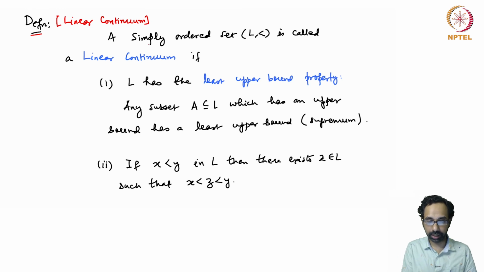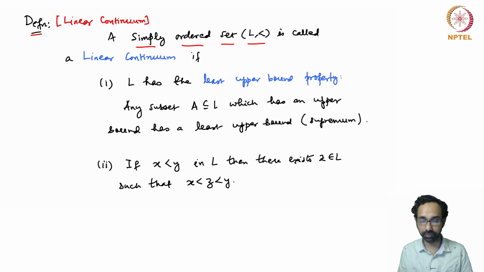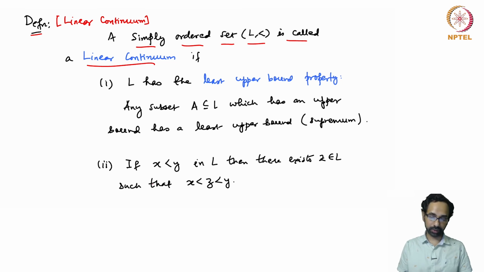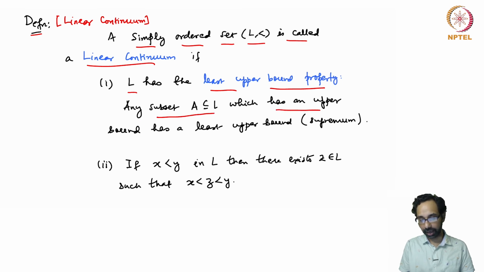It says that a simply ordered set L with some relation which is again denoted as strictly less than is called a linear continuum if it satisfies these two conditions, first of which says that L has the least upper bound property. So what is the least upper bound property? It just says that any subset A which has at least one upper bound has a least upper bound or a supremum.